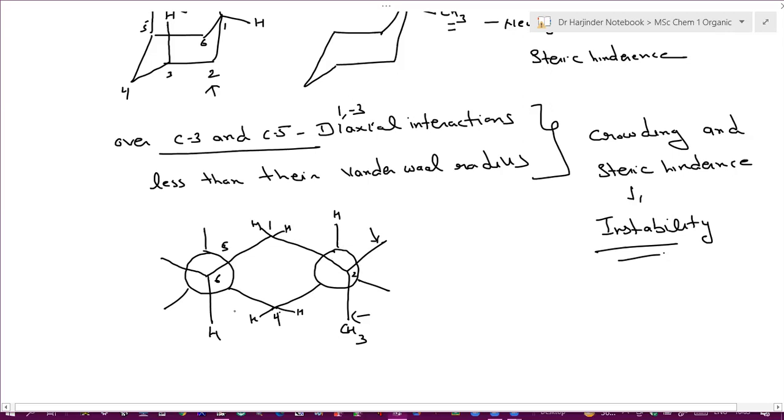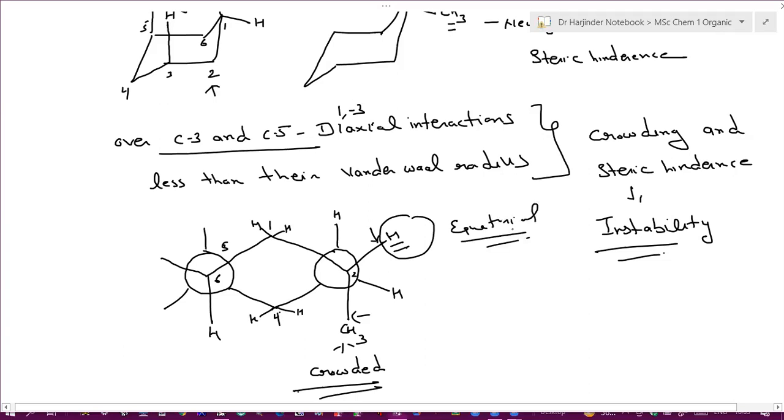Okay. So here you have this methyl group present over here. You can see this position is more sterically crowded as compared to this position, which is your equatorial. So this is less crowded.